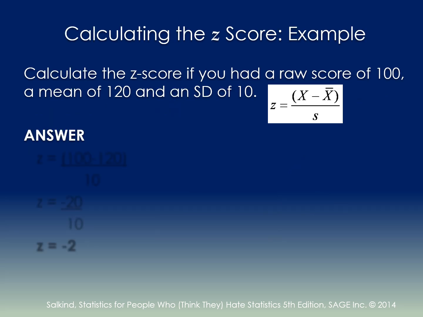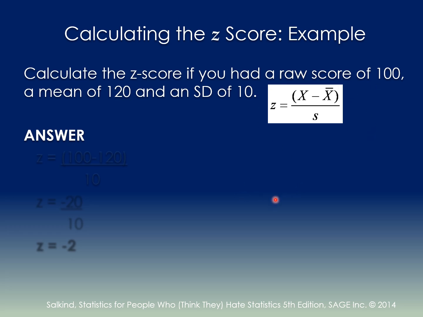So let's do a straightforward example. Calculate the z-score if you had a raw score of 100, whatever that unit was, meters, kilograms, whatever, doesn't matter. Raw score of 100, a mean of 120, and a standard deviation of 10. Well, I've given us our equation here to calculate the z-score.